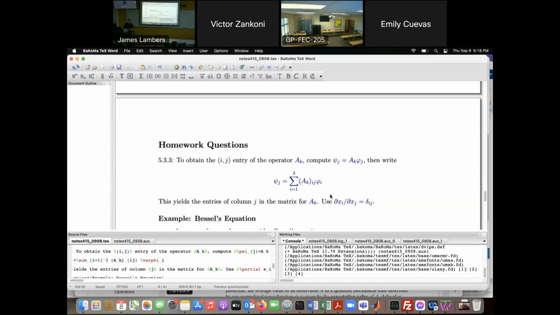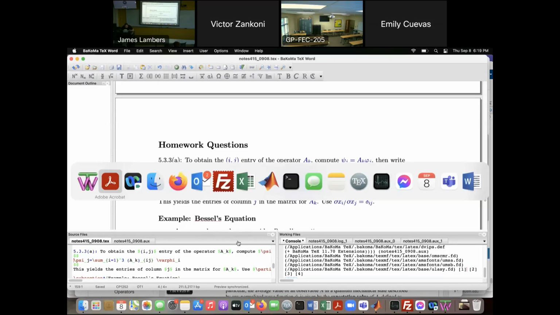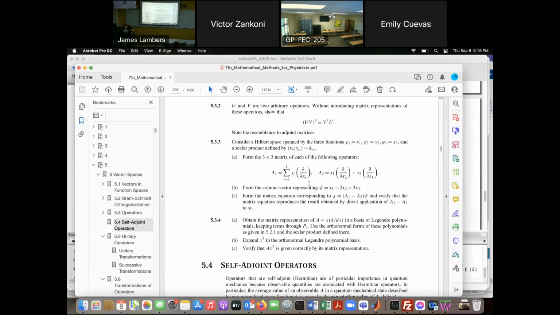Other questions about this one or another one? So what happens later in the problem, here we have a given vector psi that's a linear combination of your basis functions with these coefficients, 1, -2, and 3.